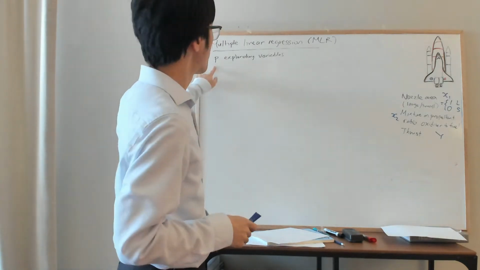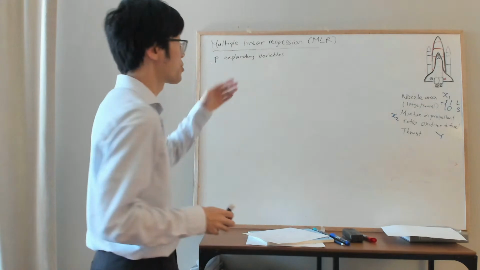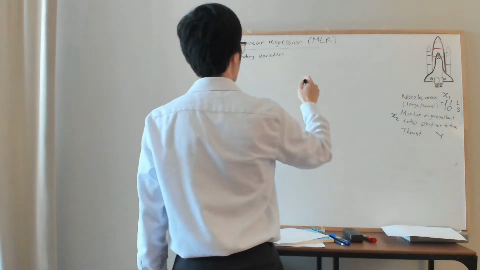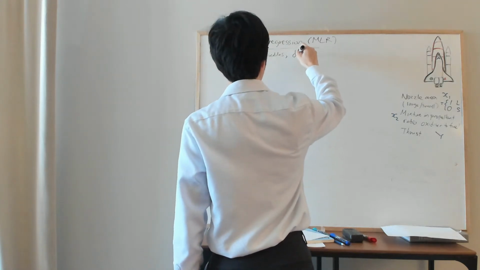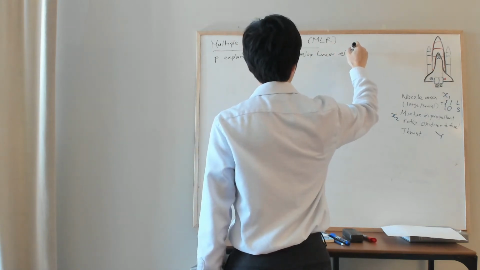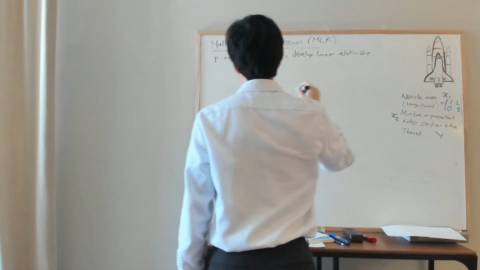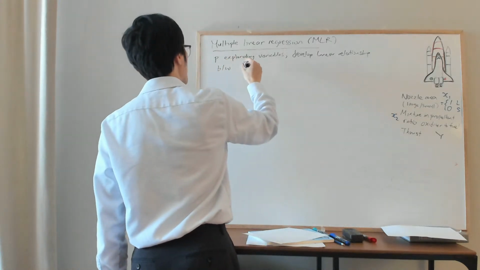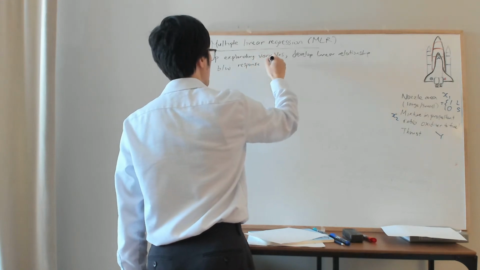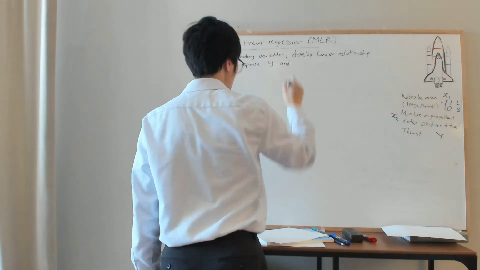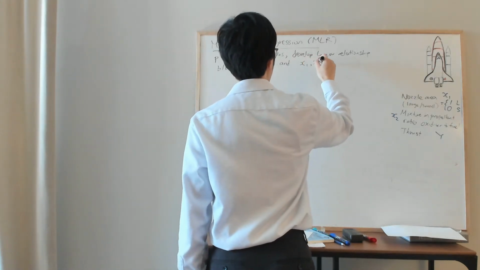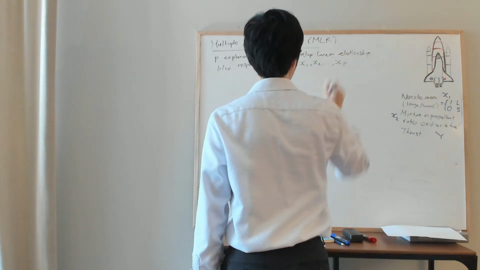Okay, so back to here. The context is there are multiple explanatory variables, and we want to develop a linear relationship between the response y and these variables, so x1, x2, and in the general case, xp.